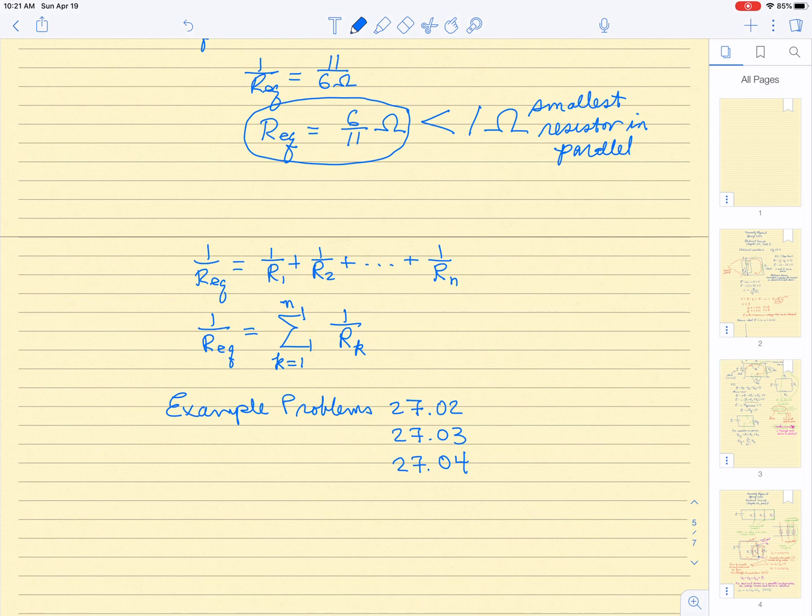And I won't spend any more time with that, and I'm pretty sure you did a laboratory on that as well. And hopefully you did that laboratory before we went into quarantine. Anyway, take a look at those example problems.